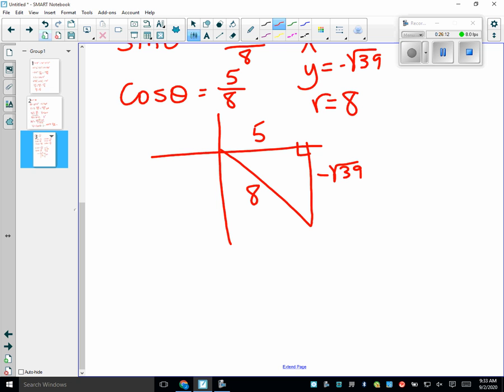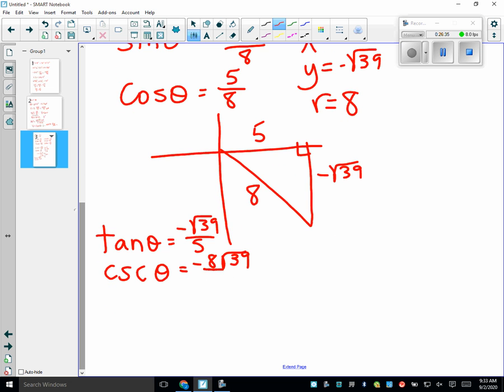What's my next trig function? Tangent. What is tangent? Negative radical 39 over 5. What is next? Cosecant. 8 square root of 39 over 39. What is the secant?